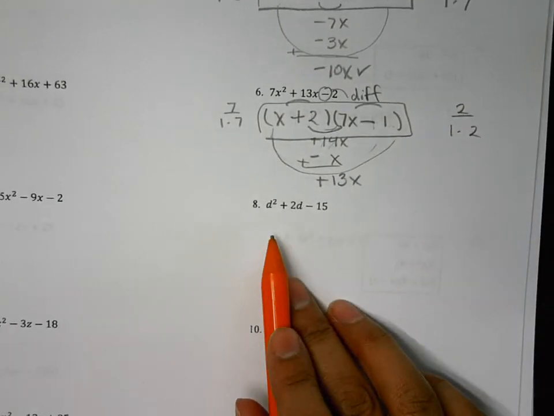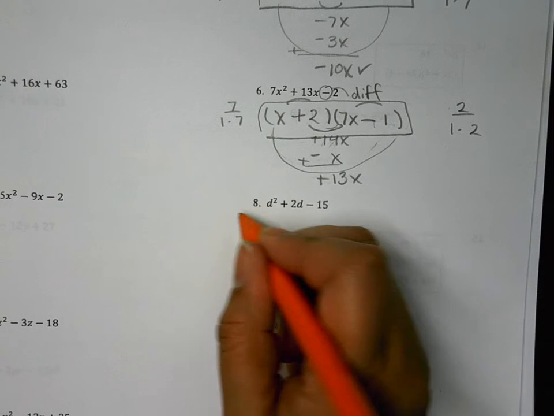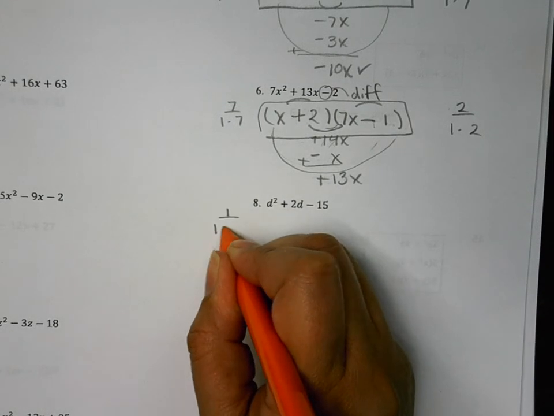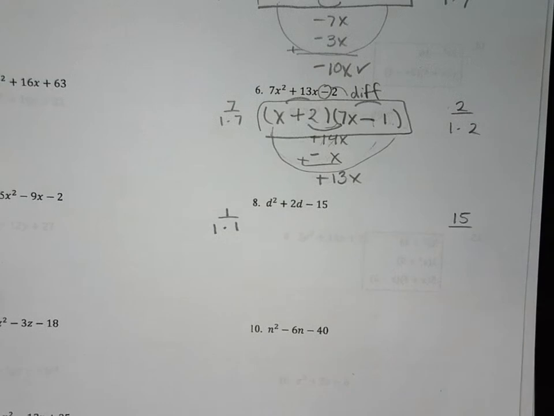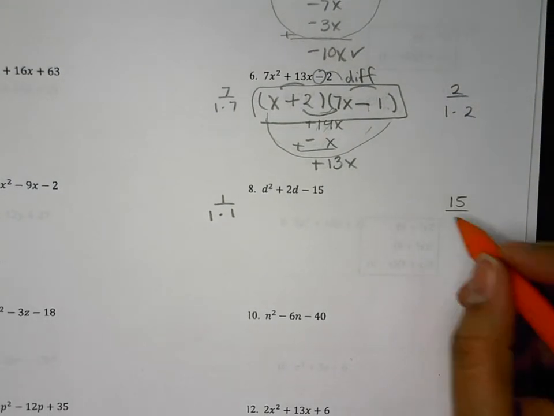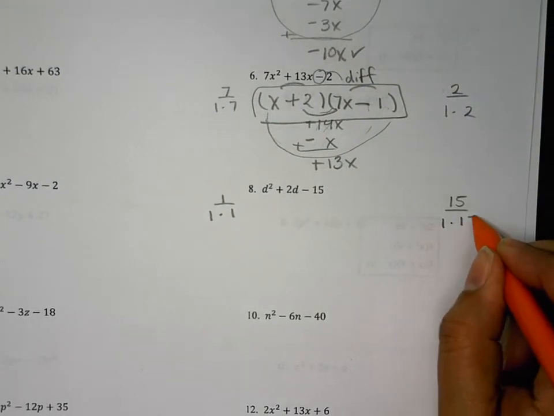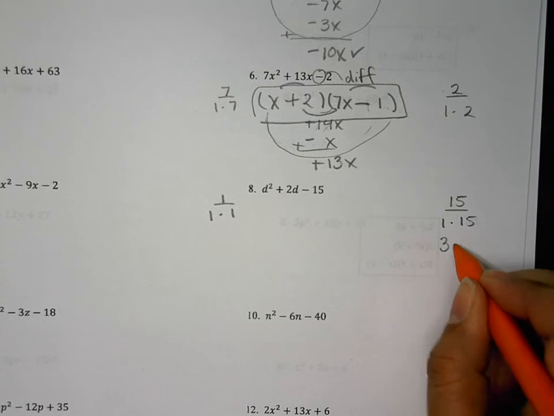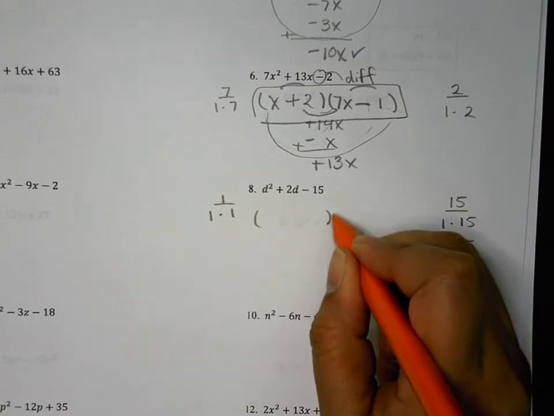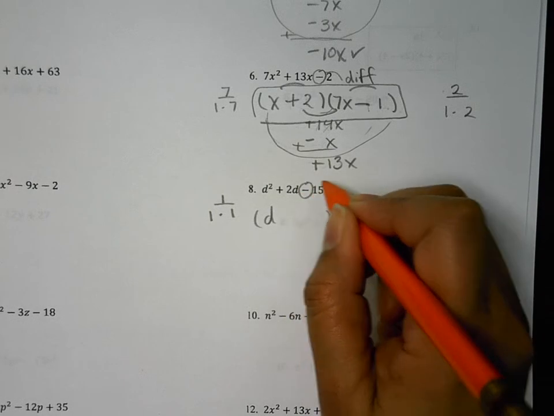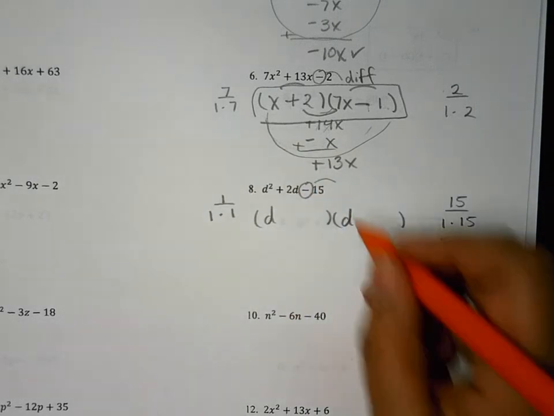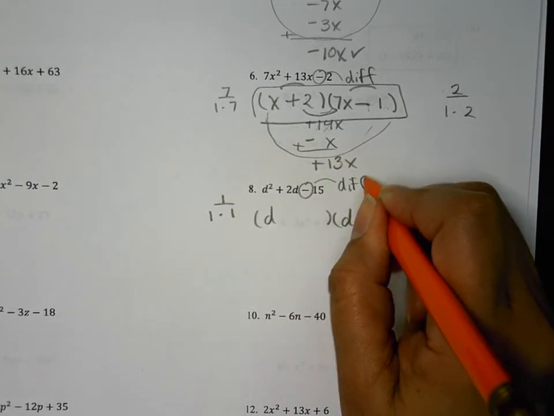Okay. What's the leading coefficient on number 8? Is that the one where you can use the adding shortcut? Yes. Okay, what are the only factors of 15? There's two sets: 1 and 15, and the other one is 3 and 5. Double bubble. D and D. Signs are the same or different? Different.